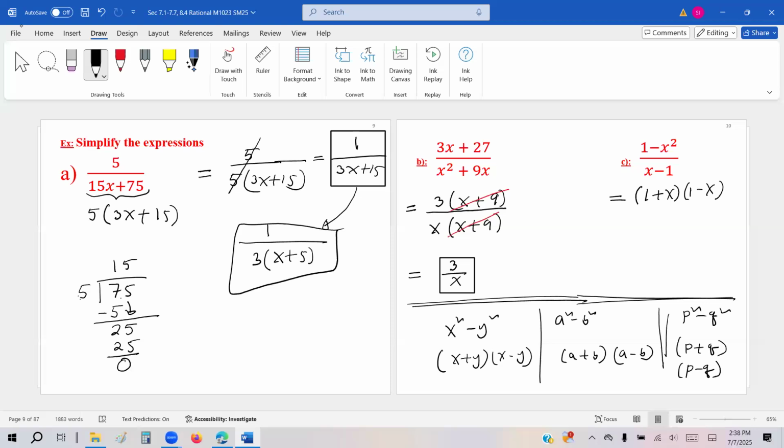For addition, you can switch the position. But for minus, it does matter. 1 minus x is not same as x minus 1. So x minus y is not same as y minus x. So anytime you're using the difference of squares, whatever is the first term, the first base, you have to write it first. Especially for the minus one. But the plus one is okay.